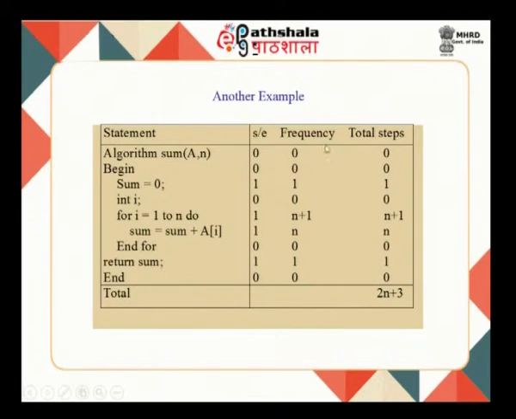When you multiply these two, you can see this is what the total is. Fine, if you compute everything, you will find that it is going to be 2n plus 3. In other words, the time complexity of this particular algorithm segment is going to be 2n plus 3. So, this is what step count is all about.